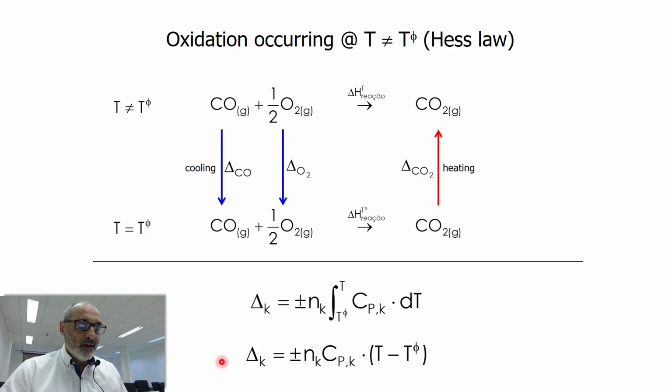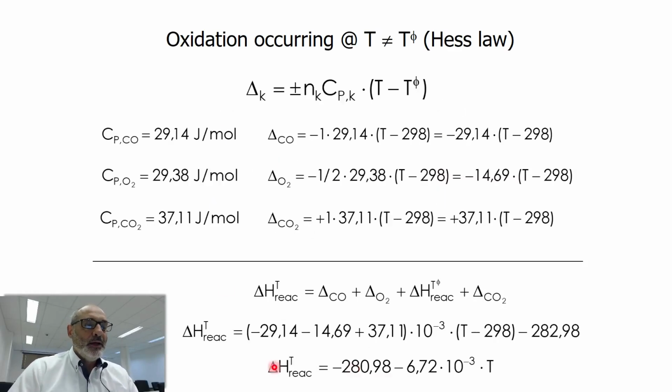The heat absorbed or released is equal to the number of moles, N stands for the number of moles or mass, times the specific heat times delta T. So this is a very well-known expression. In our case, we already have these charted data. When we make all the calculations, I'm going to show you only one.